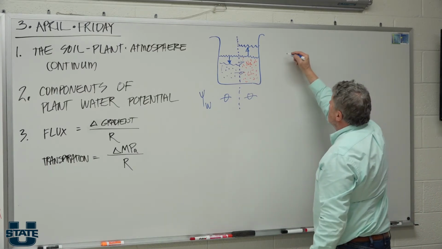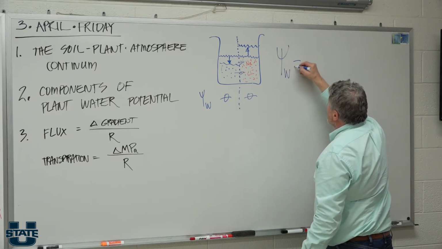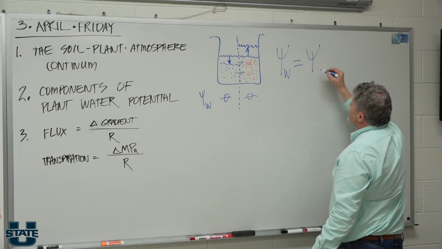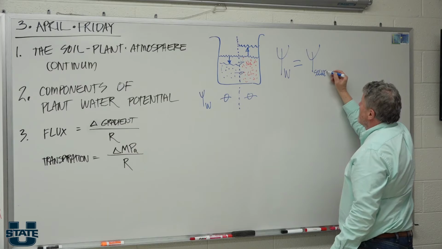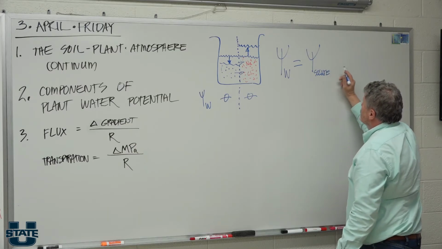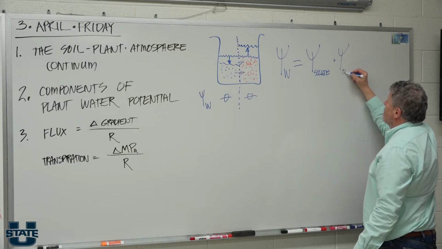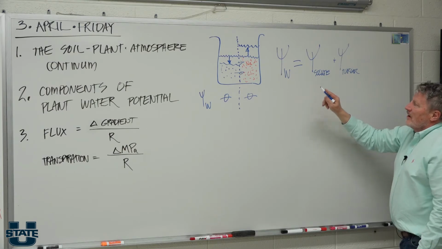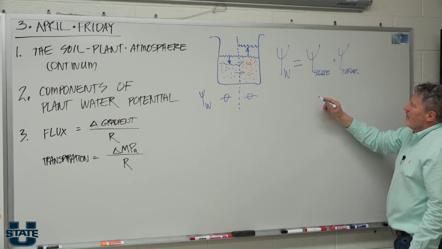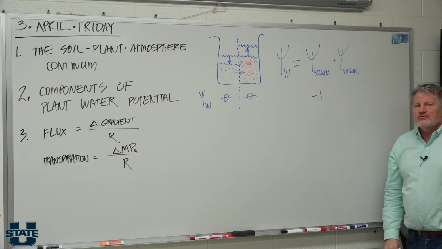So the first step of this is psi water equals psi solute potential plus psi turgor potential. When we put salt in here, if we put enough in, this might go to -1.